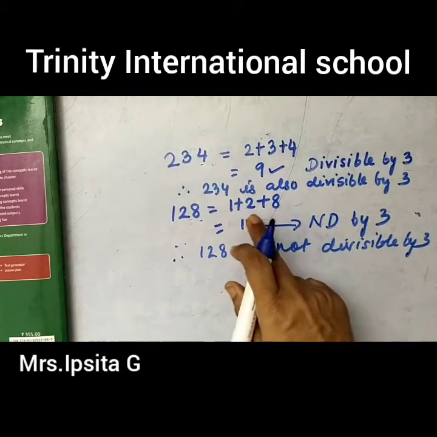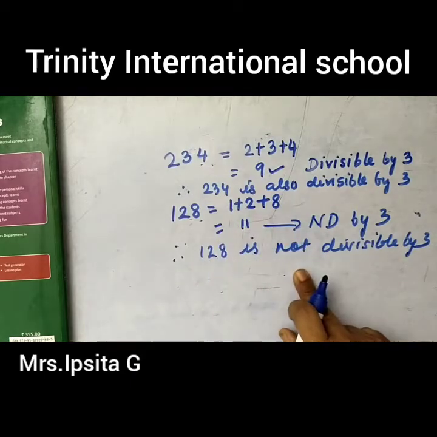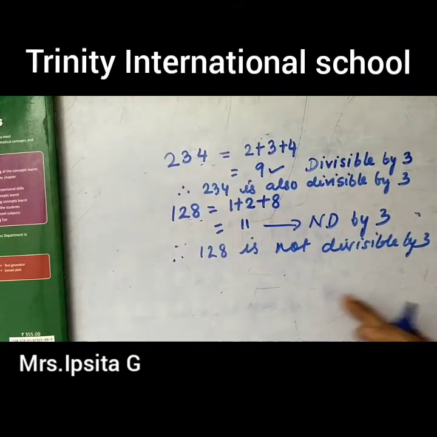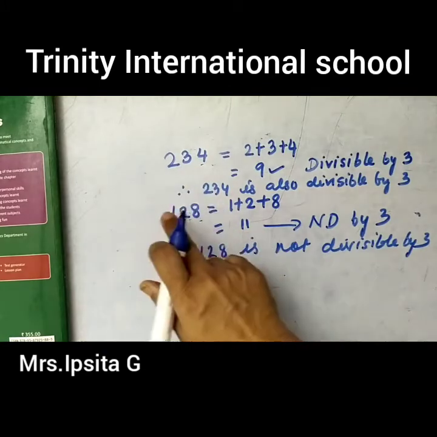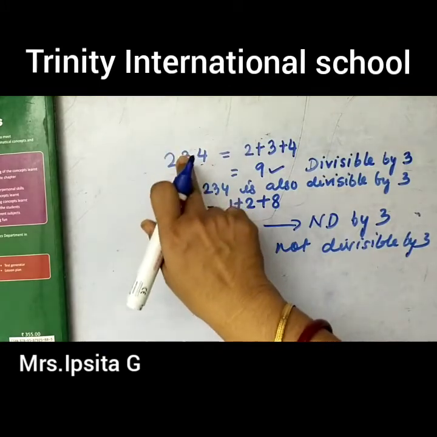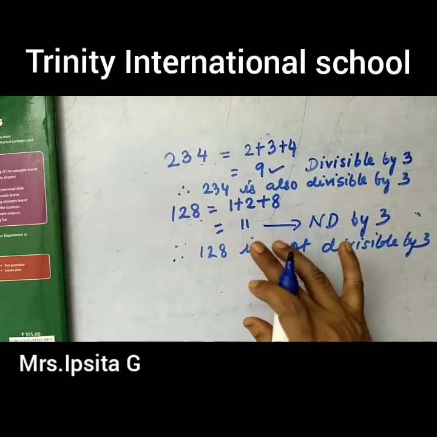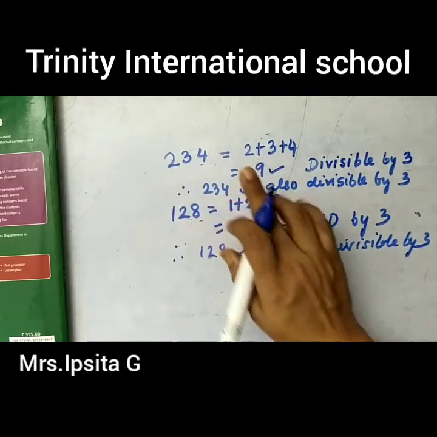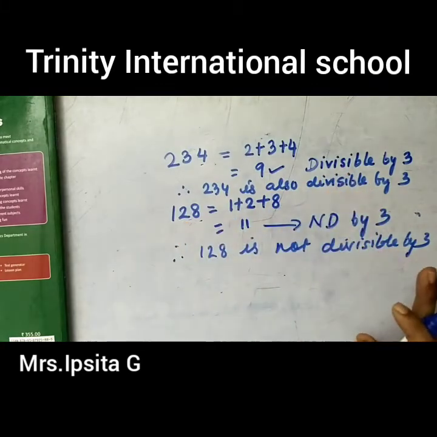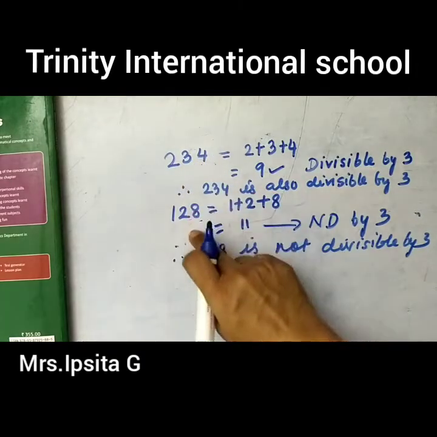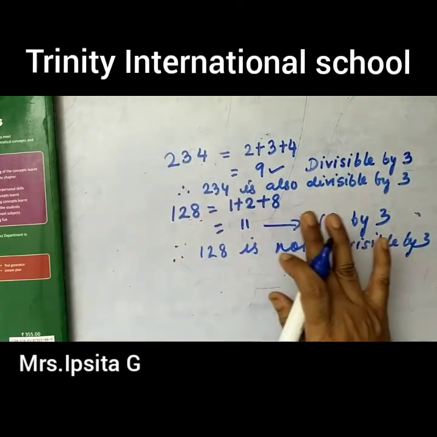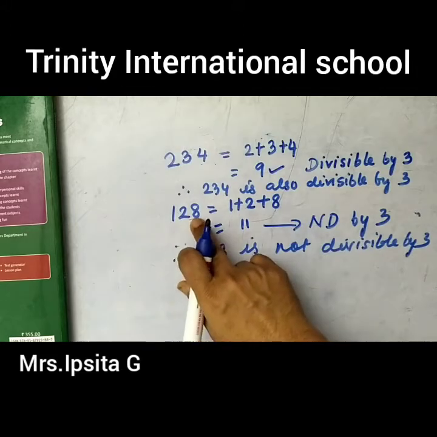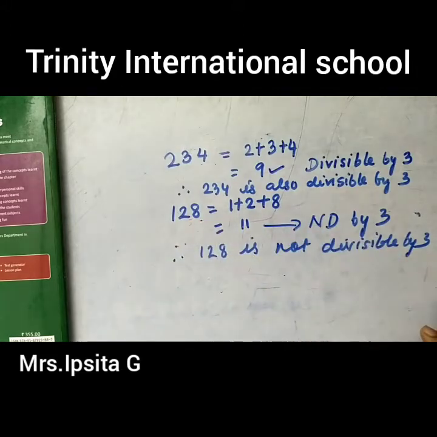So according to that you can say that the number given is divisible or not divisible. तो आप देख पा रहे ये जो 128 था ये 2 से डिविजिबल था, 234 2 से डिविजिबल था, बट 234 is divisible by 3 but 128 is not divisible by 3. Okay, so both the numbers, दोनों numbers 2 से divisible हैं but 128 is not divisible by 3.